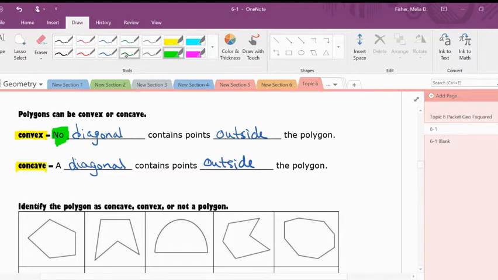And a diagonal, in case you need a definition for that, is a segment that connects two non-consecutive vertices.